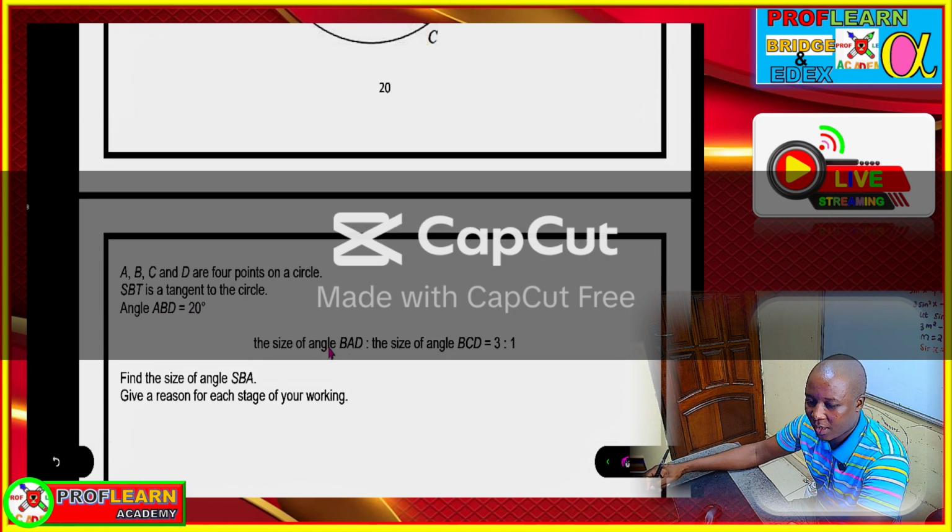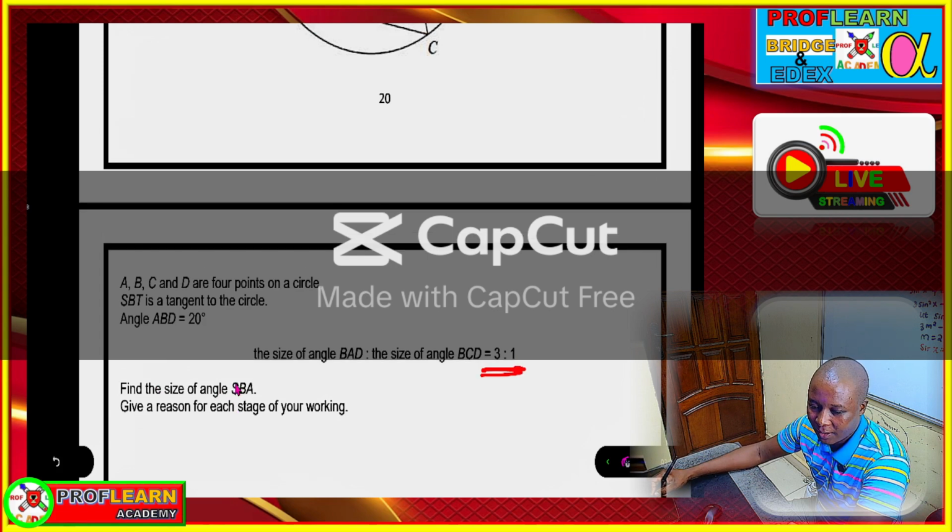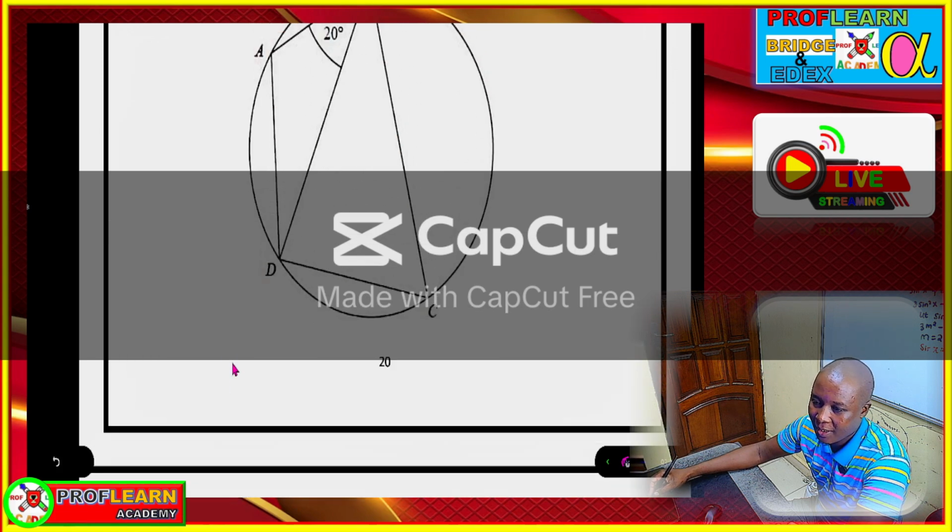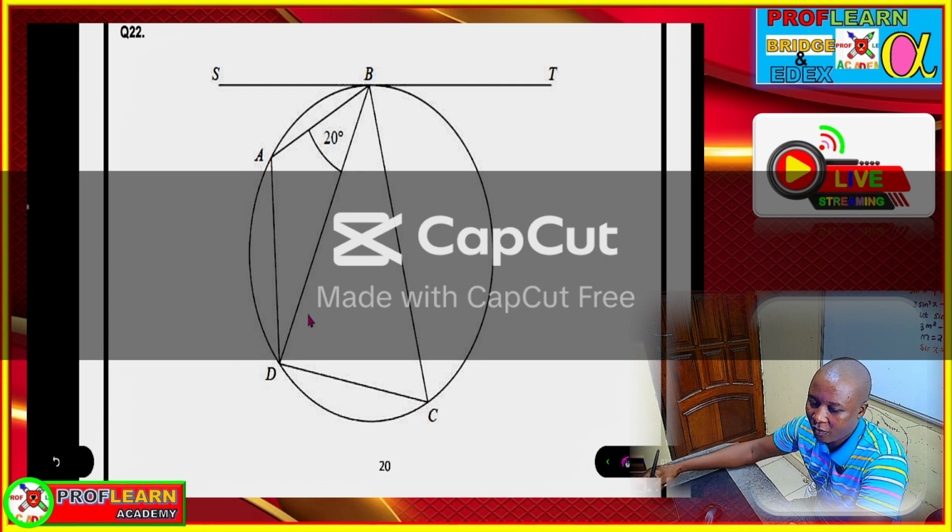The ratio of the size of angle BAD to the size of angle BCD is 3:1. Find the size of angle SBA. We are finding this angle here.